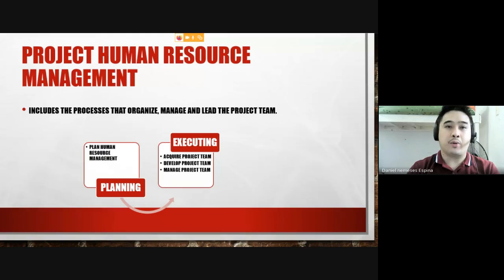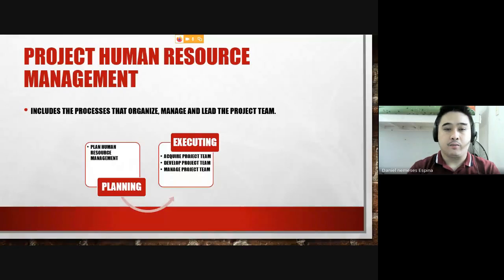Of course, different projects require different competencies. It also requires experience. So that's why we need to plan well which team or which member should be part of this project, to increase the success of delivering the expected output.